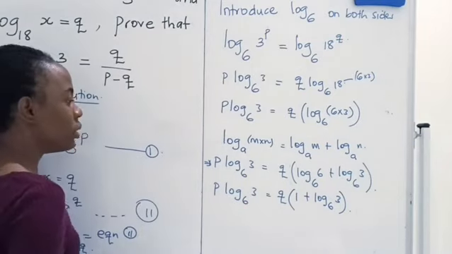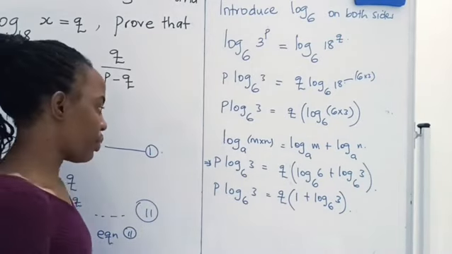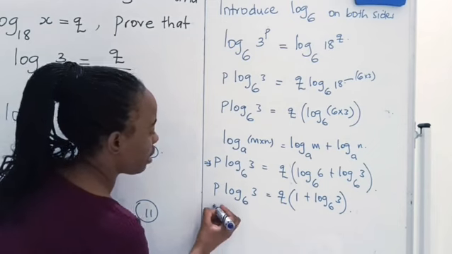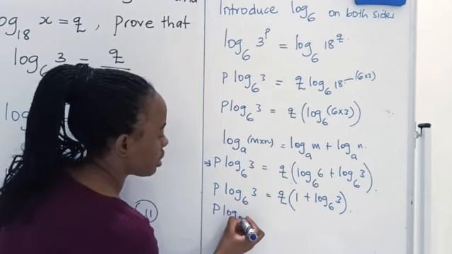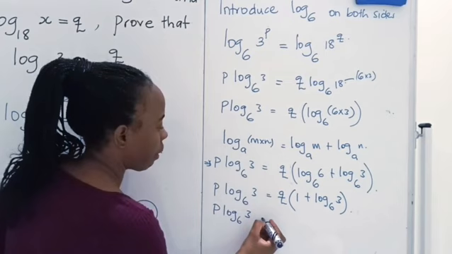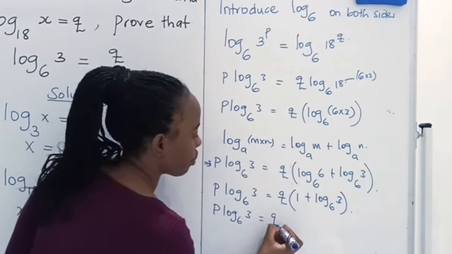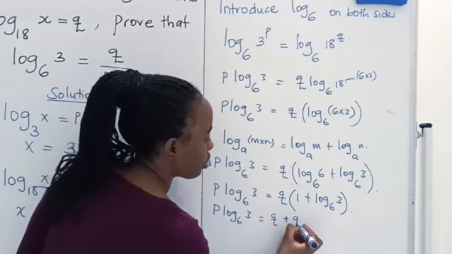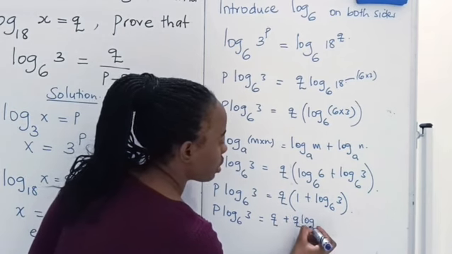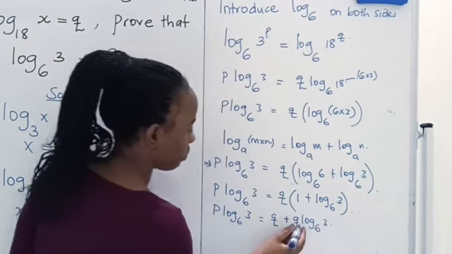Now you're going to distribute this q. p log 6 of 3 is equal to q plus q log 6 of 3.